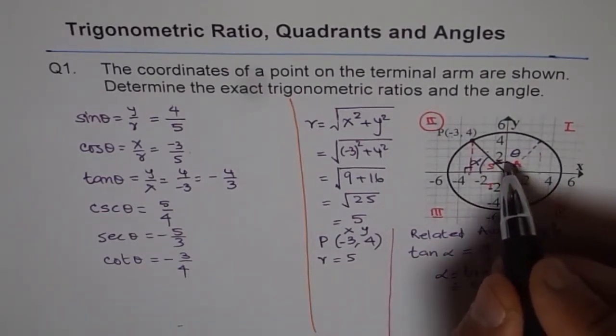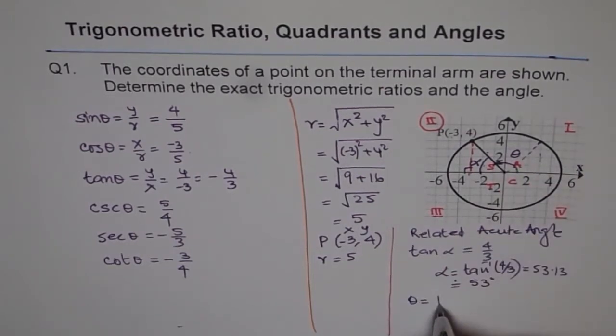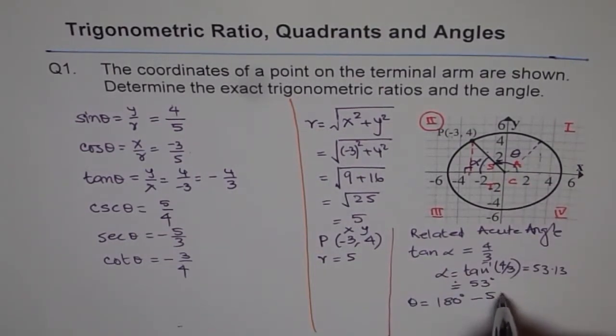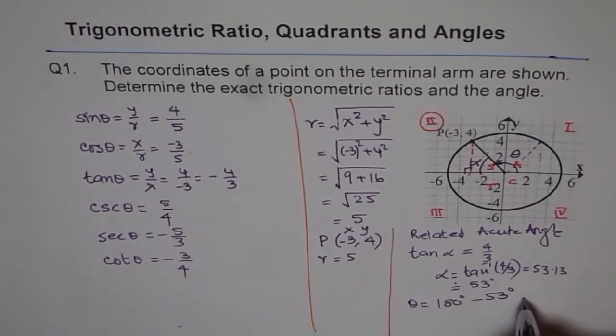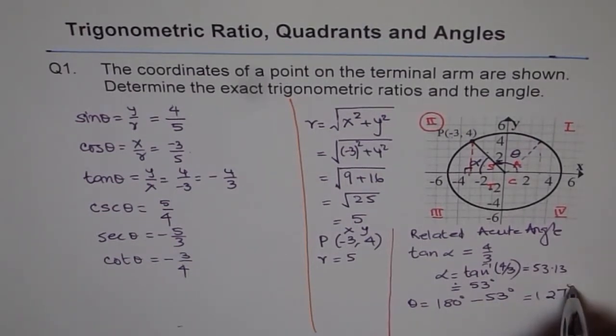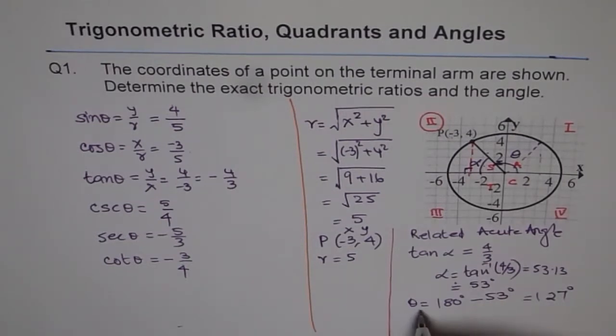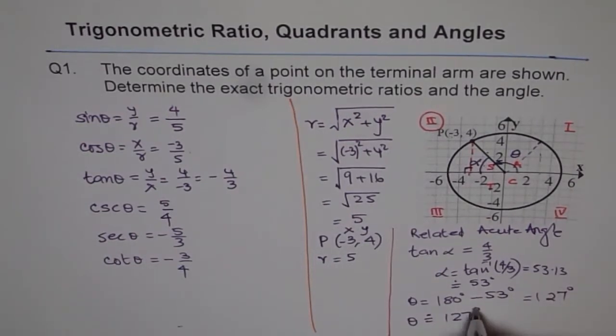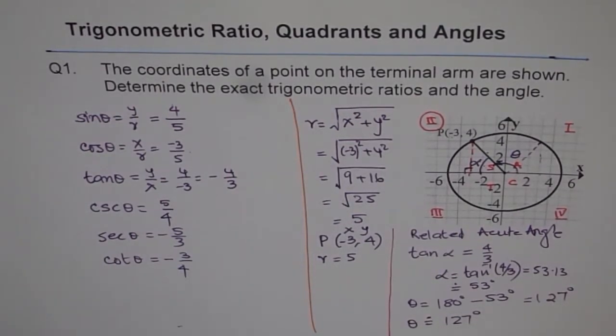Now the angle theta is equal to 180 degrees minus 53 degrees, which is 127 degrees. That is our principal angle. So theta is approximately 127 degrees, because we rounded to a whole number. That is our solution. We got all the primary trigonometric ratios and the principal angle.